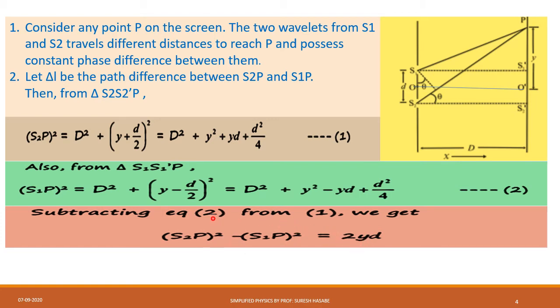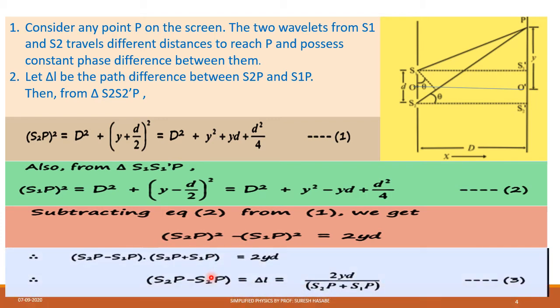Now, here we have to apply the formula a square minus b square. Therefore, what we are getting? (a plus b)(a minus b). Therefore, the equation becomes (S2P minus S1P) into (S2P plus S1P) is equal to 2yd.